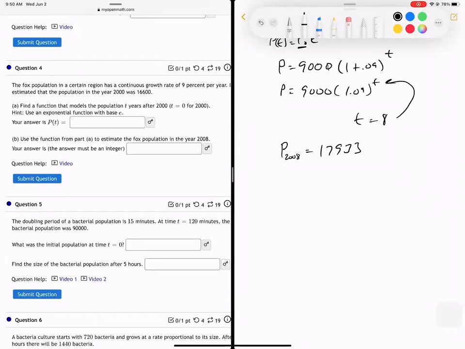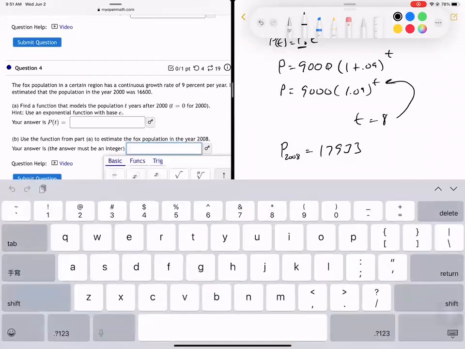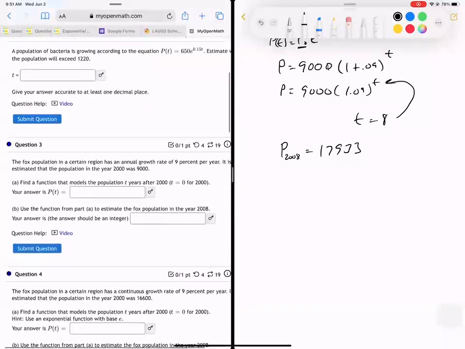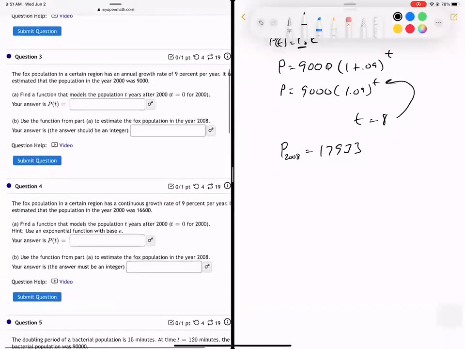Question number 3 and 4 are the same, really? Oh no, the second one is different. I'm sorry.